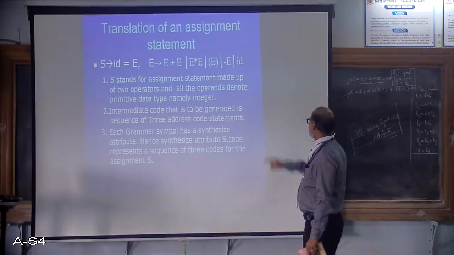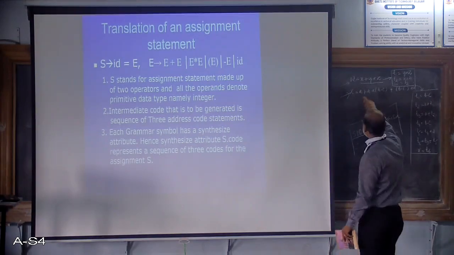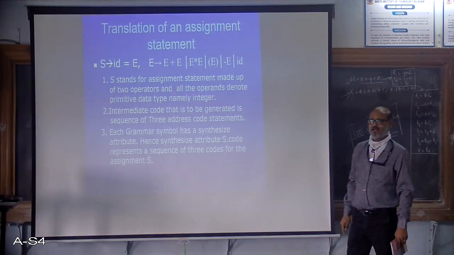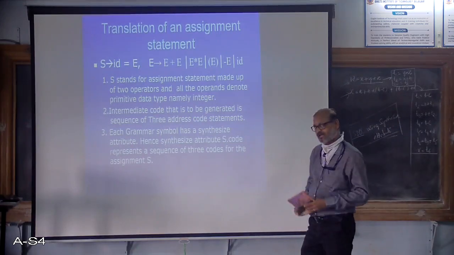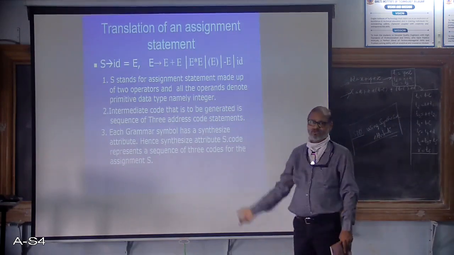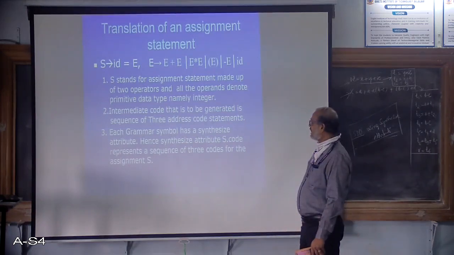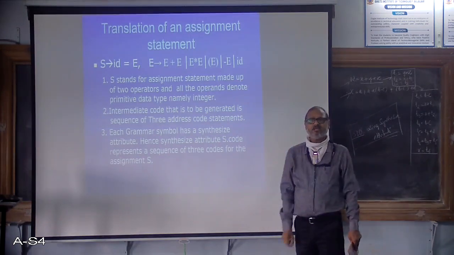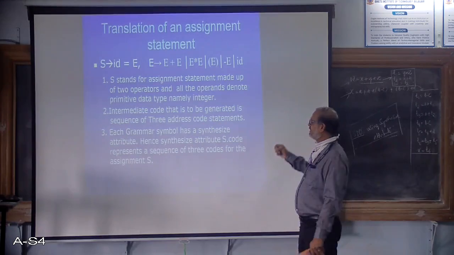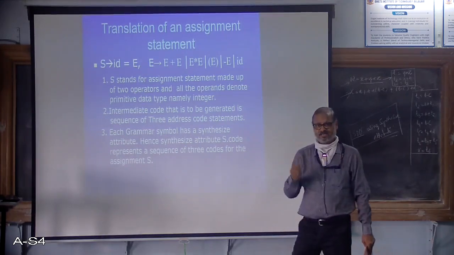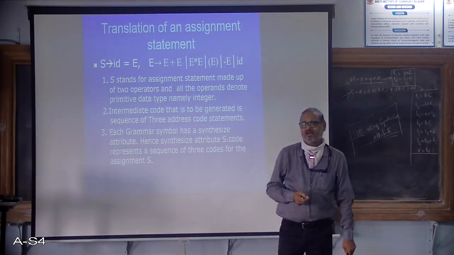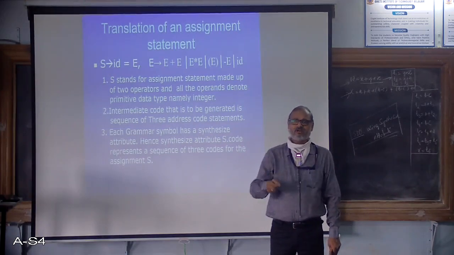Okay, so this grammar is going to describe the structure of an assignment statement. Here I have considered an ambiguous grammar. You may ask why I have considered the ambiguous grammar. Since I have to explain the syntax directed definition, there are some redundant reductions that I want to avoid.